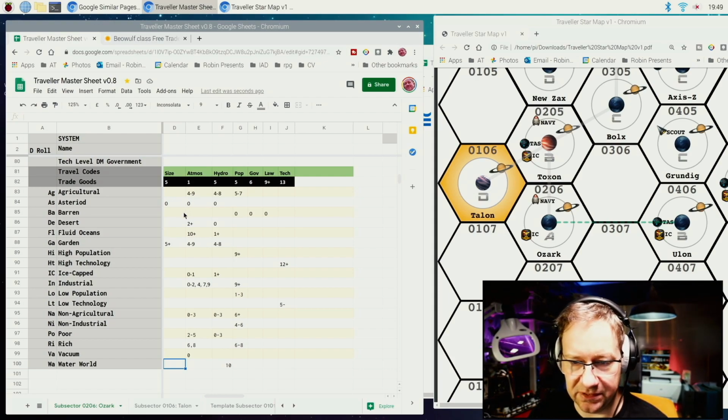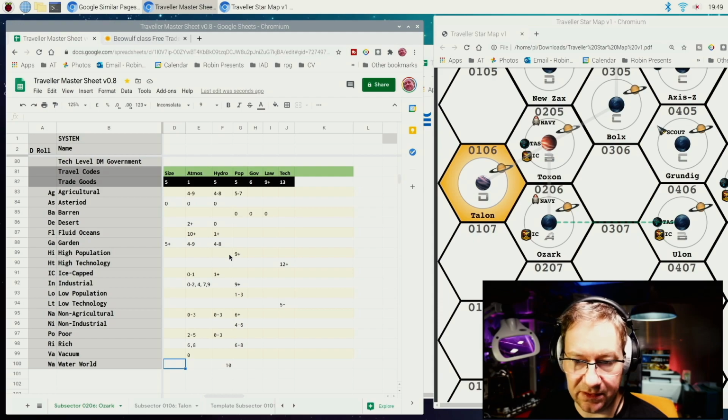Asteroid, no, because we've got a bigger size. Barren, no, it doesn't have a 0, 0, 0 through all of those. Desert, atmosphere 2+, no. Fluid oceans, needs atmosphere of 10+, and hydro of 1+, so can't do that. Garden, definitely not, because we've got no atmosphere.